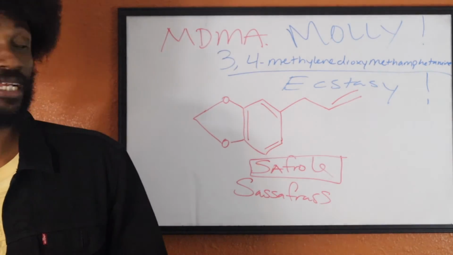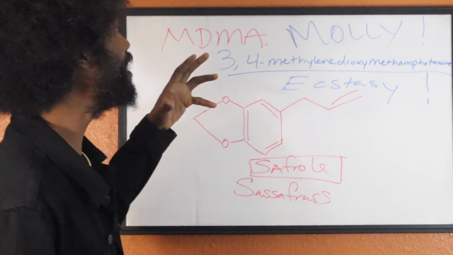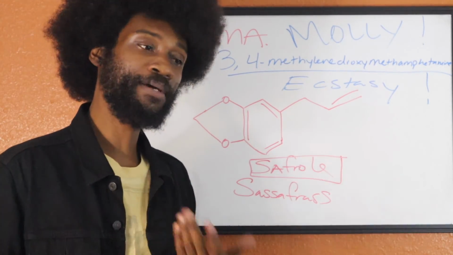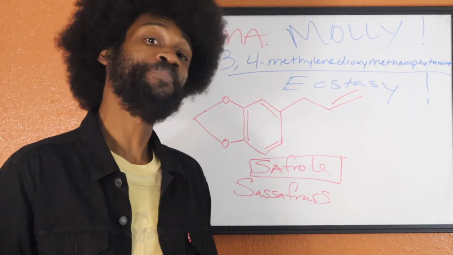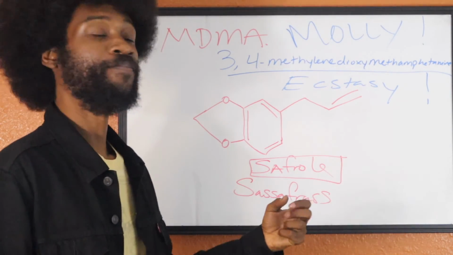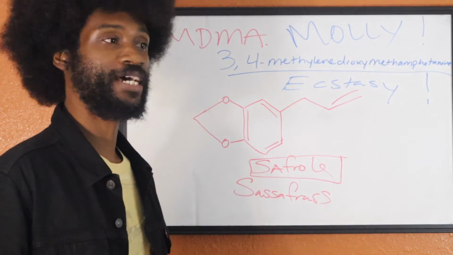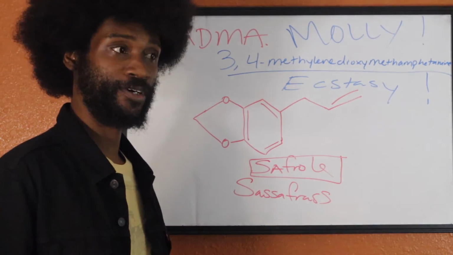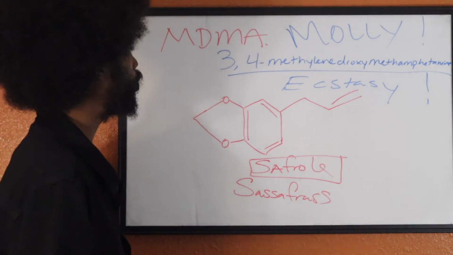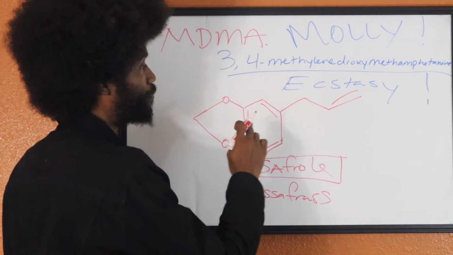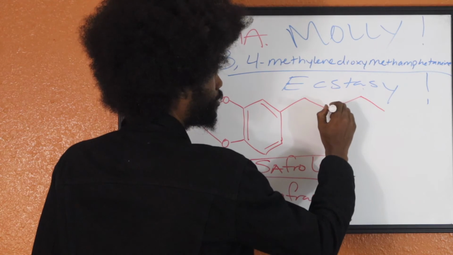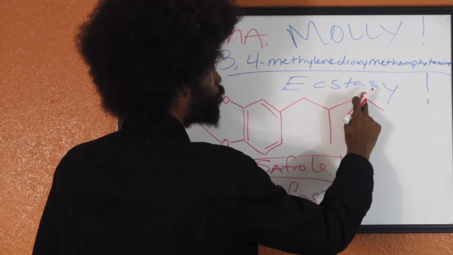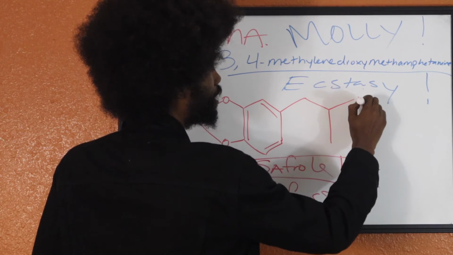No, I'm not teaching nobody how to make it, but even Molly and ecstasy, MDMA, which we think is a synthetic thing, is actually from a plant. They pull the oil, all right, the safrole out of the sassafras or the ocotea out of South America, and the only thing they do is manipulate the molecule so that that double bond turns into methyl groups. You add an amine.